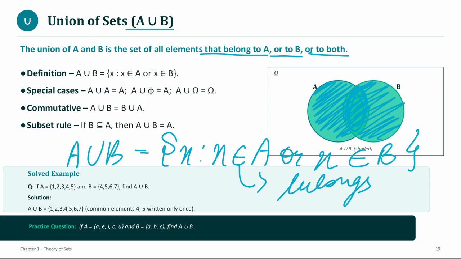Now there are certain special cases. We have already talked about the reflexive property, when we were talking about subsets, that a set is a subset of itself. Now there are certain laws when I'm talking about the union of sets.